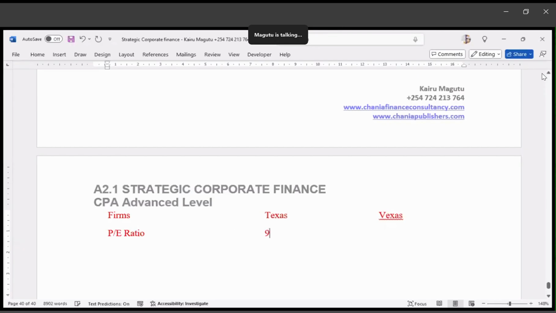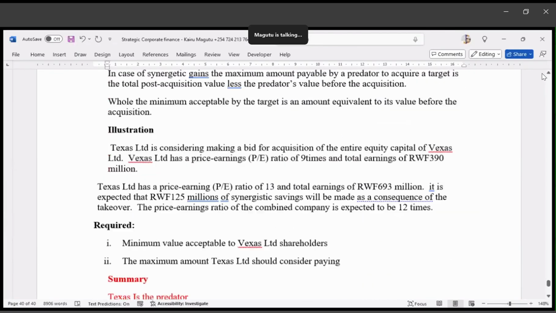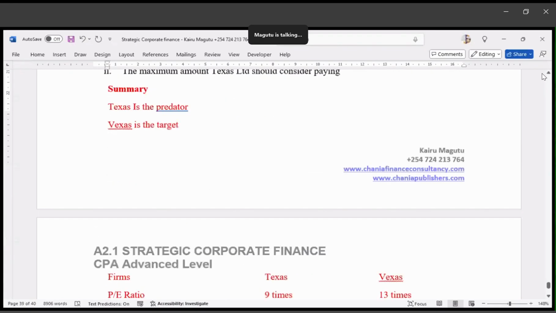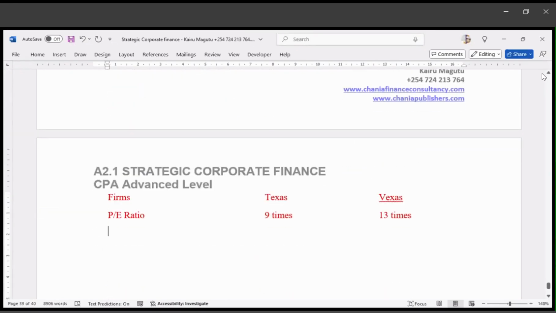This one is 9 times, and the other one is 13 times. We are also told a total earnings of 390 million. So Vexas has total earnings of 390, Texas has 693 earnings.